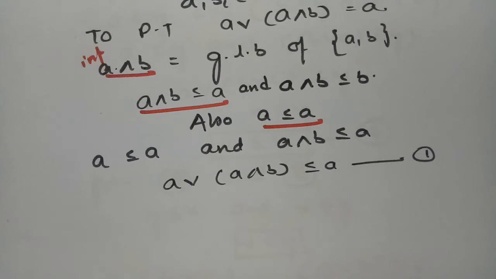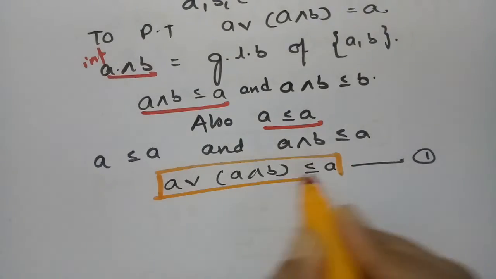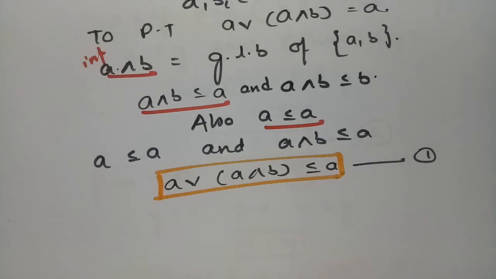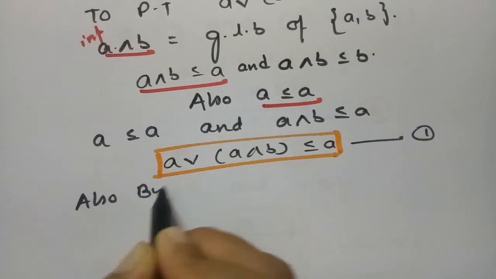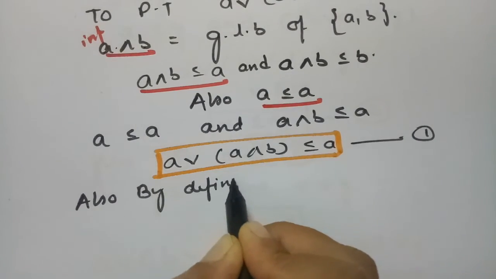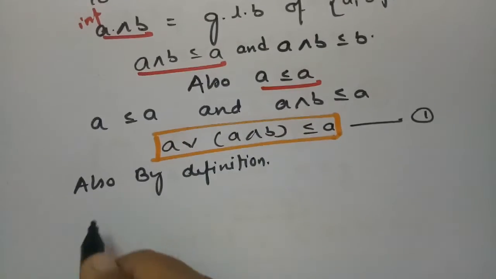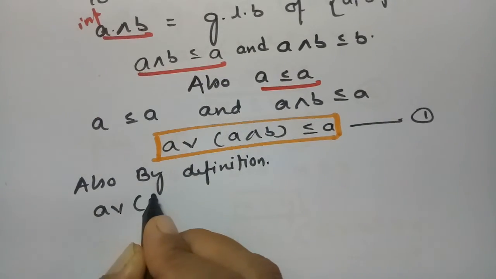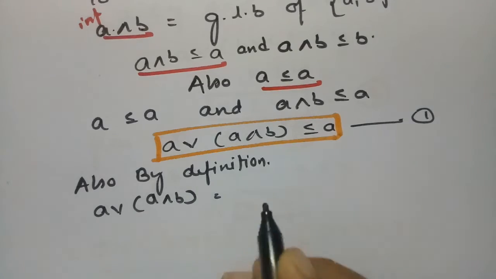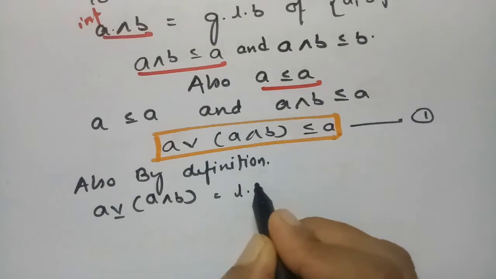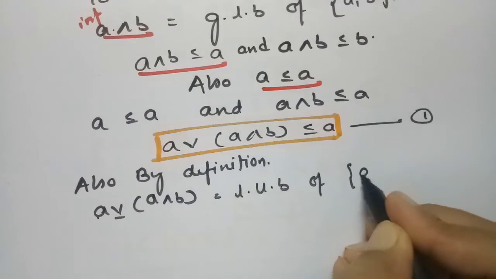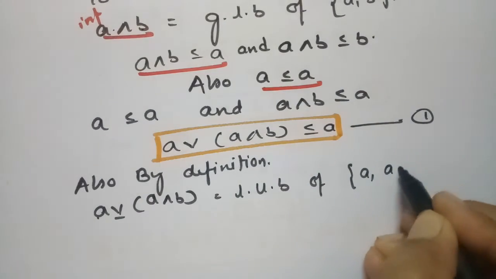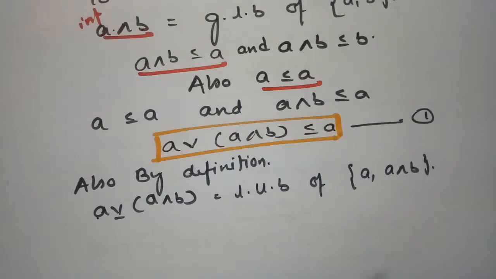Next, this is condition number 1, and now I have to show the same inequality in the opposite sign. So also by definition, A join A meet B is, for join, the least upper bound of the set. This is the first element A, and this is A meet B, the second element.